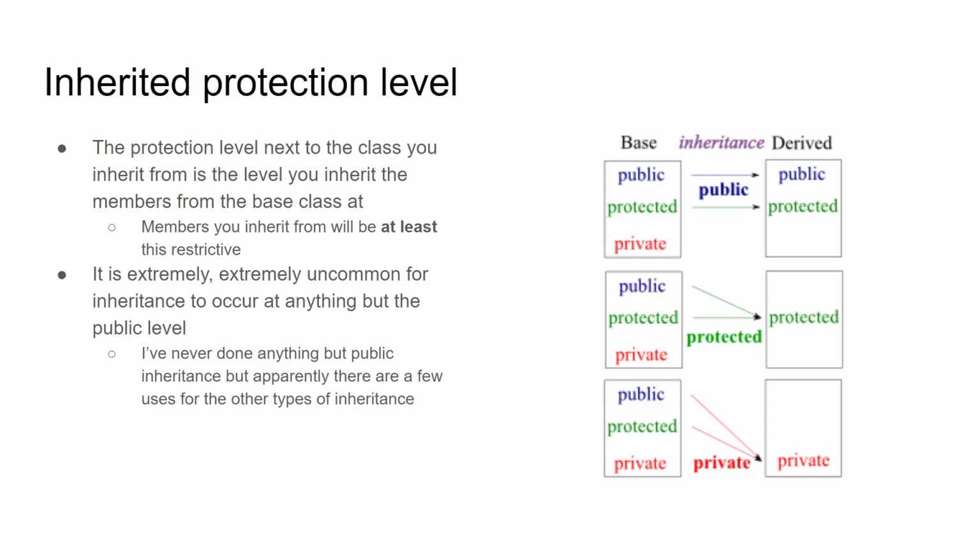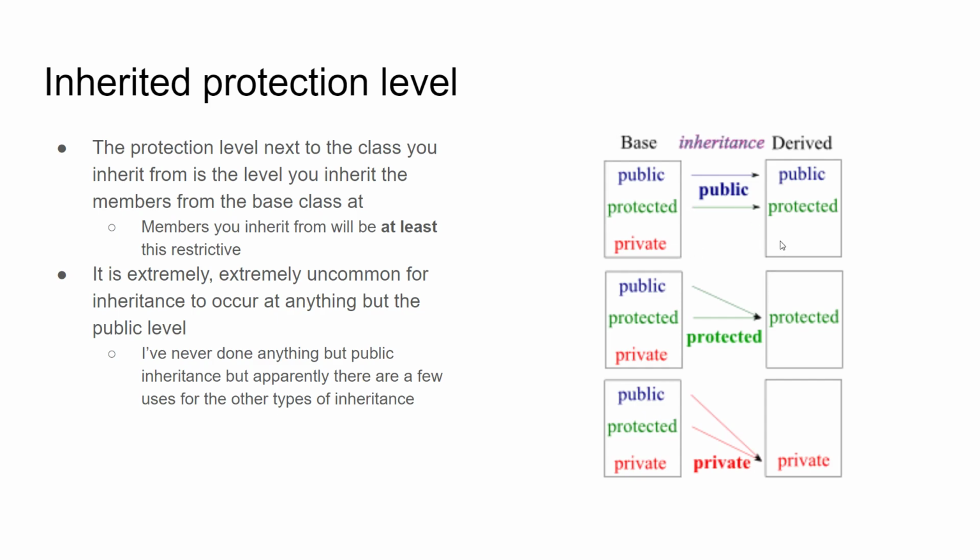So when you inherit from a class at a certain level, the members all get upgraded to be at least that level. But again, it's very uncommon for there to be anything but public. So if you inherit from a base class at the public level, everything has to be at least as protected as public. So public is at least public, and protected is more restricted than public, so it stays protected over here.